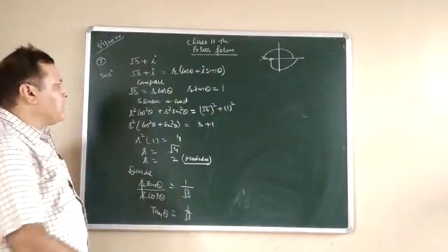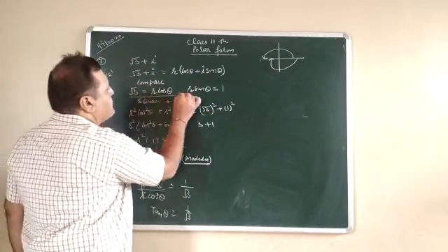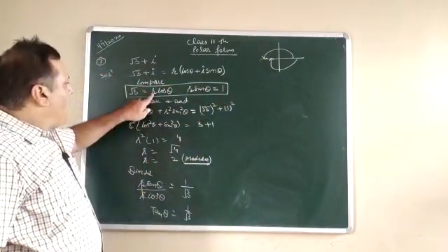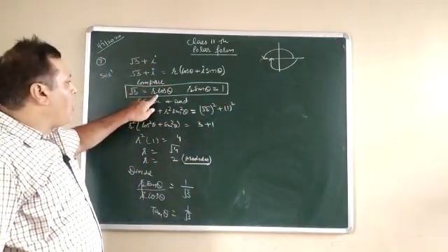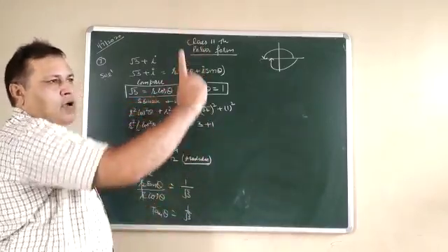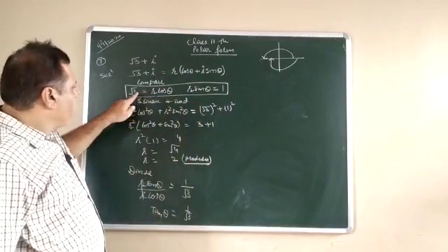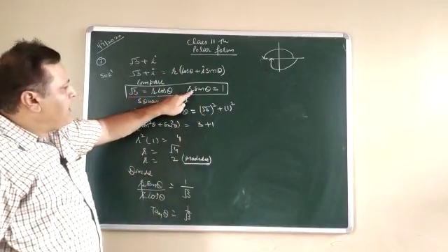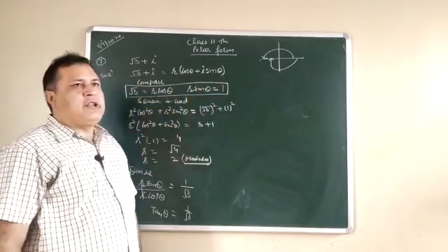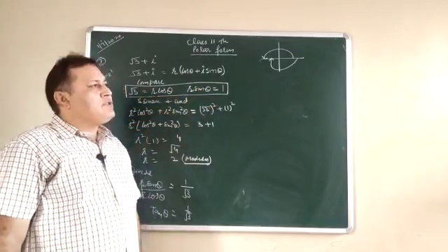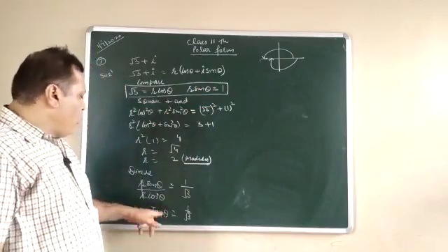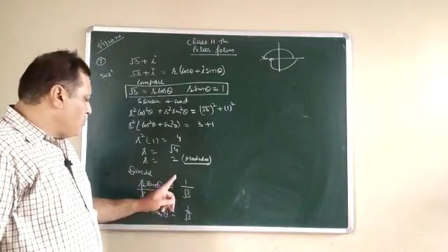Remember cos represents the x-axis and sin represents the y-axis, and if x is positive, y is also positive. You know very well x and y both are positive in the first quadrant, and in the first quadrant the angle lies from 0 to 90 degrees. Therefore we can find the result from 0 to 90.